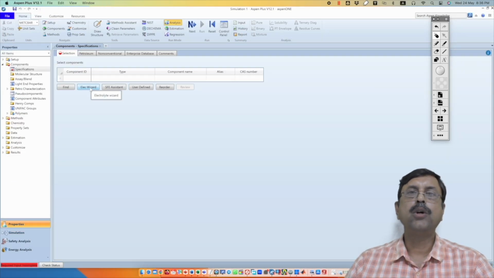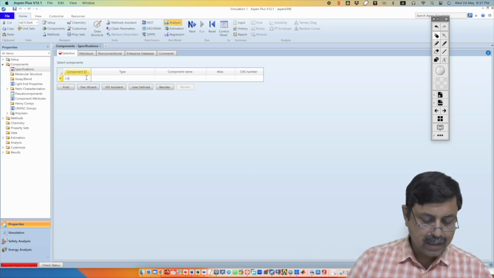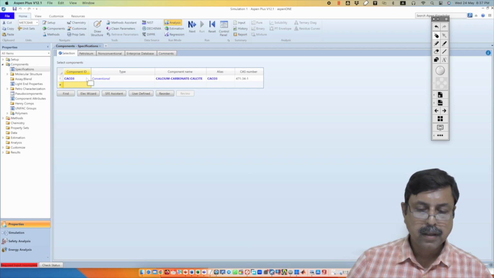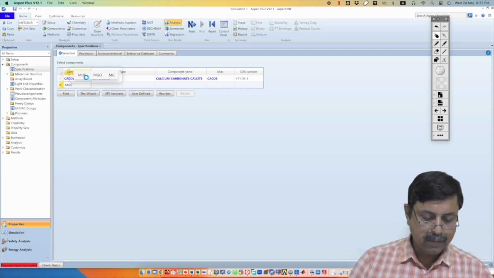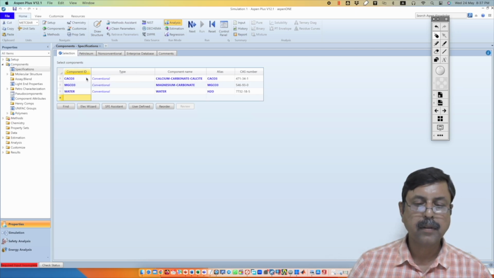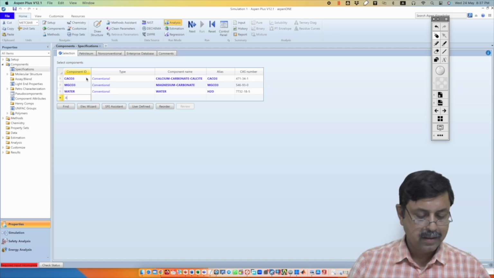Let us go to the component ID specification. So we will have calcium carbonate and then magnesium carbonate. Then we have water. What else? We have air.